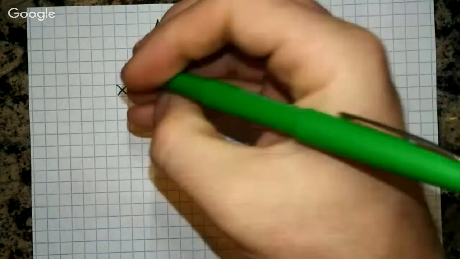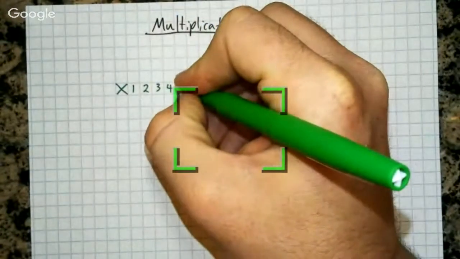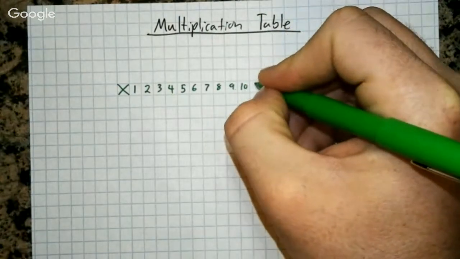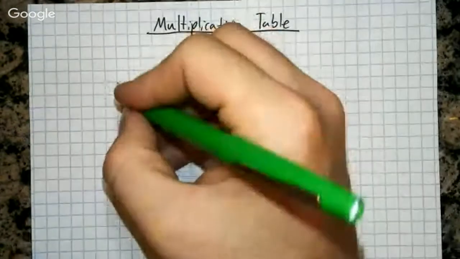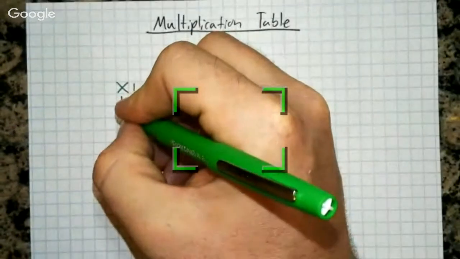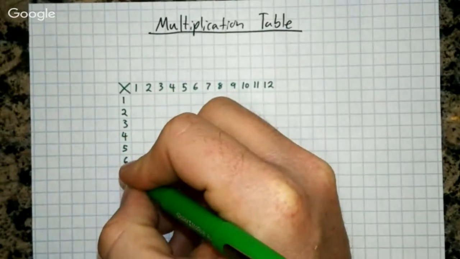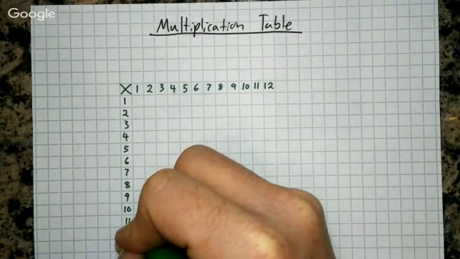So I'm going to write 1, 2, 3, 4, 5, 6, 7, 8, 9, 10, 11, and 12. Then we're going to go down and do the same thing: 1, 2, 3, 4, 5, 6, 7, 8, 9, 10, 11, 12.